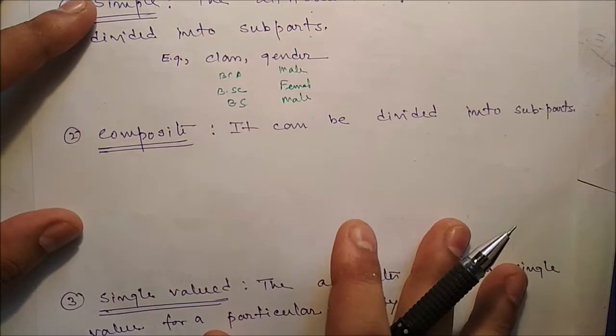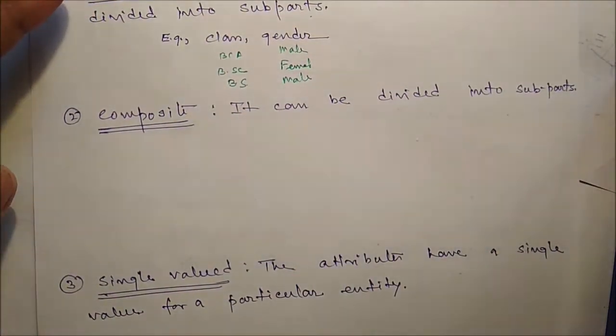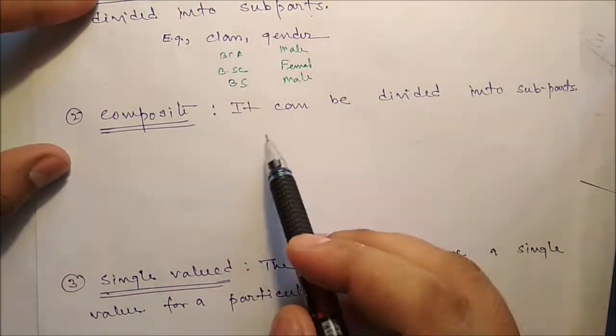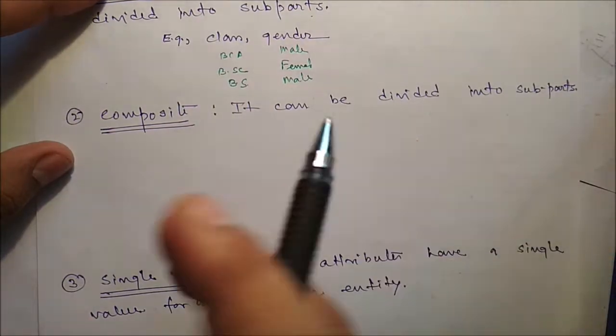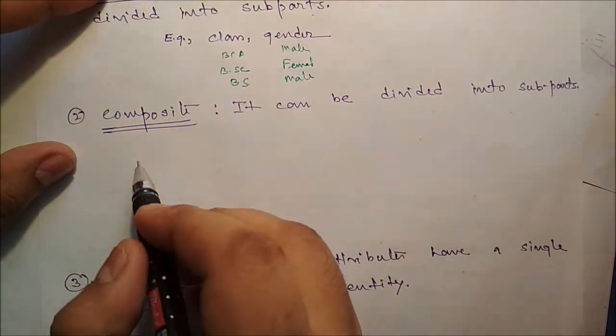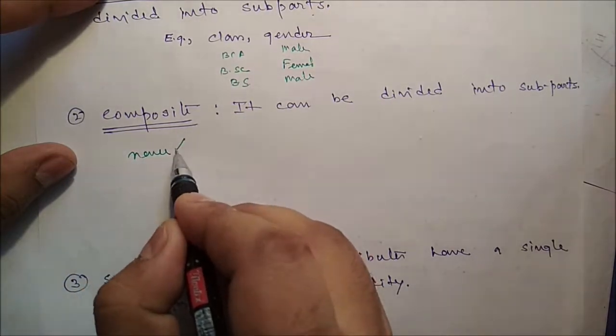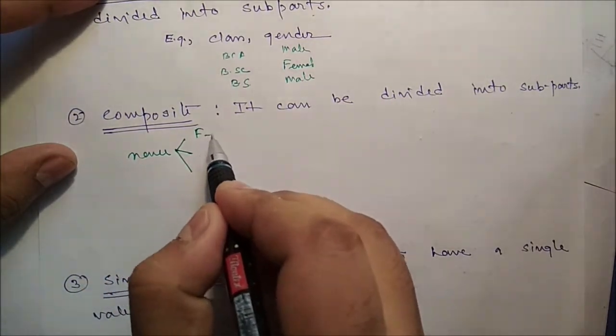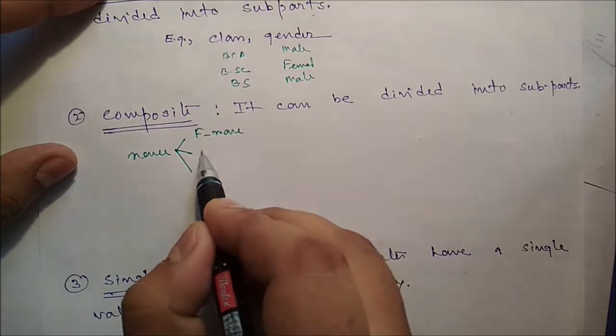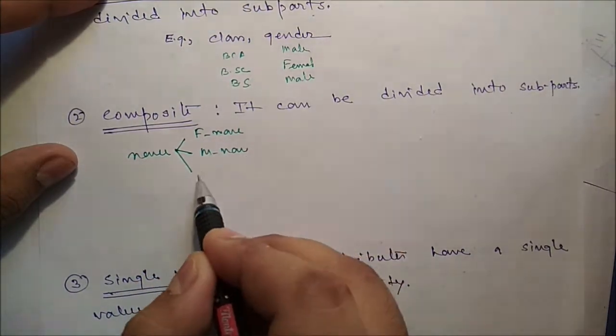Next, composite attribute. A composite attribute can be divided into subparts. For example, name. Suppose the student name is there. Name we can divide into three parts: first name, middle name and last name.